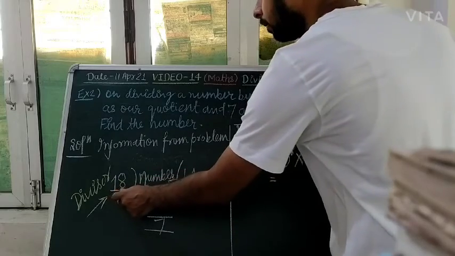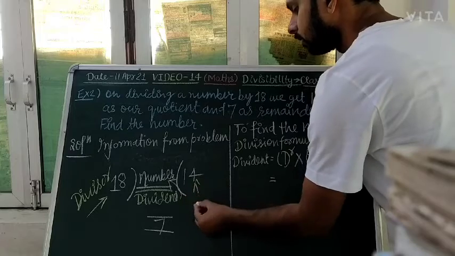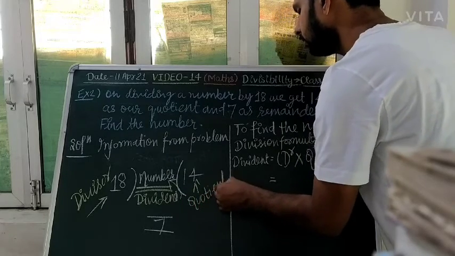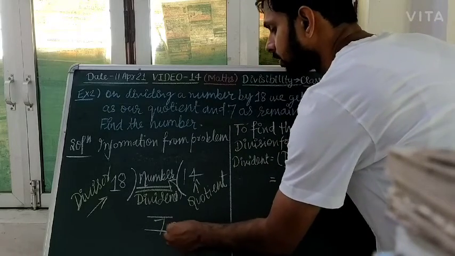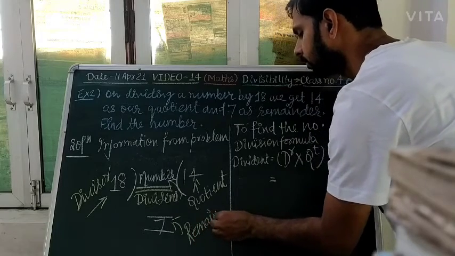It is our divisor. This one is our quotient, and this one is our remainder.